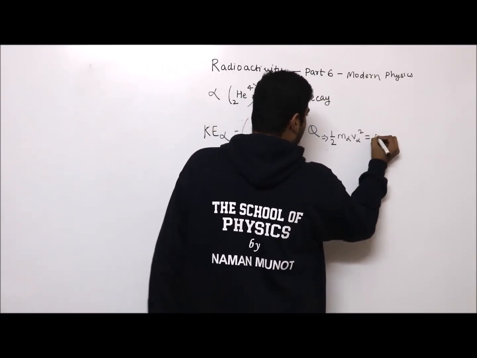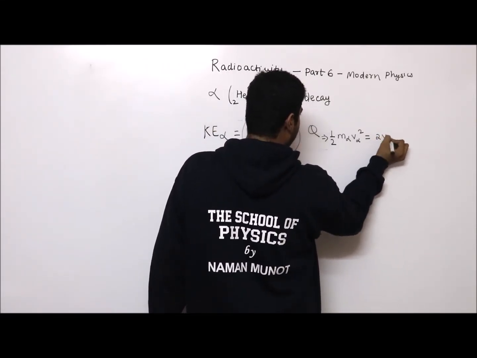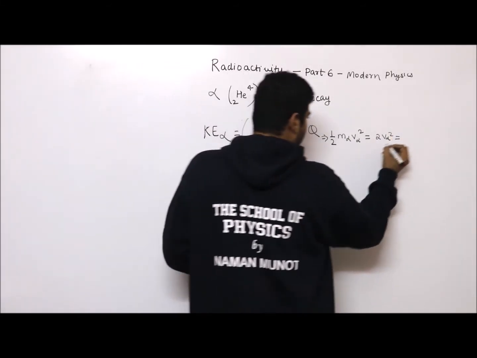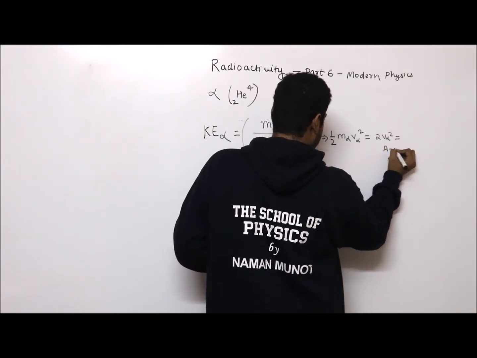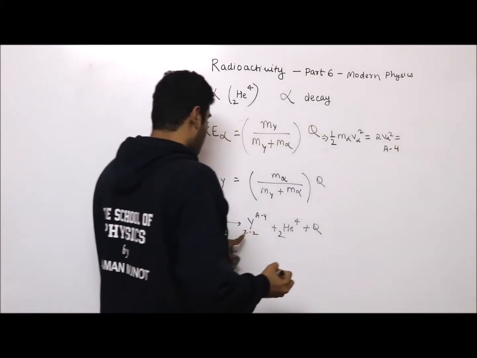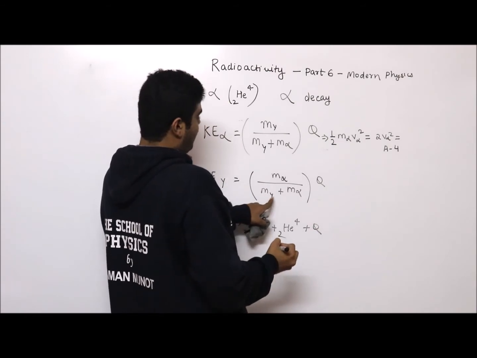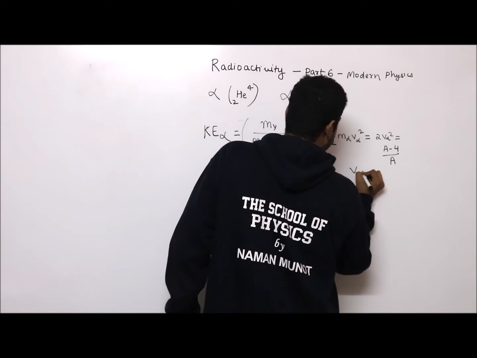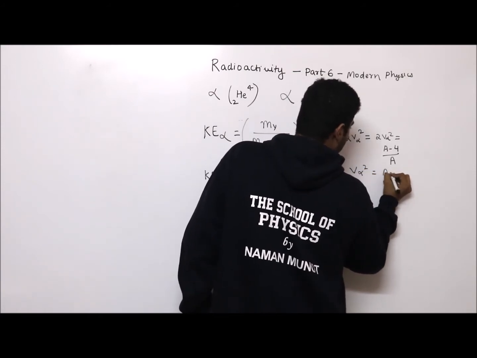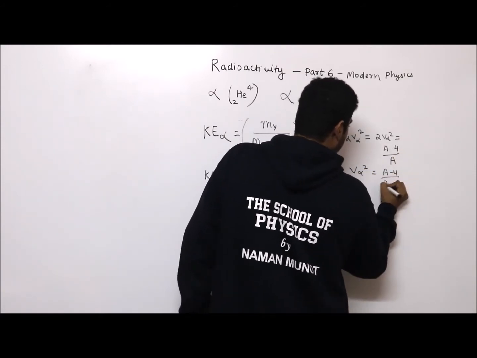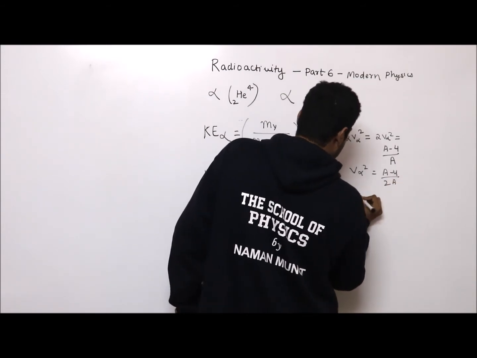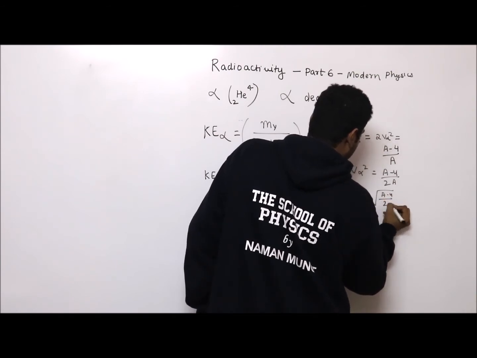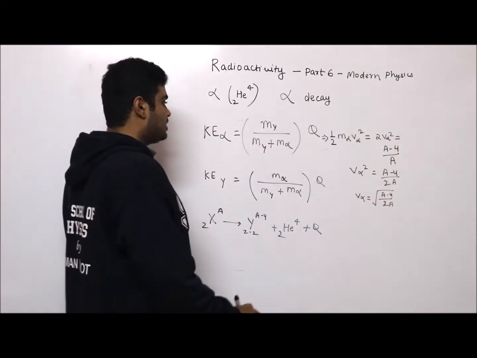So this is half into 4, which is 2, v alpha square is equal to my, which is A minus 4, upon my plus m alpha, which is A. So v alpha square will be equal to (A minus 4) upon 2A. So v alpha will become the square root of (A minus 4) upon 2A, as simple as that.